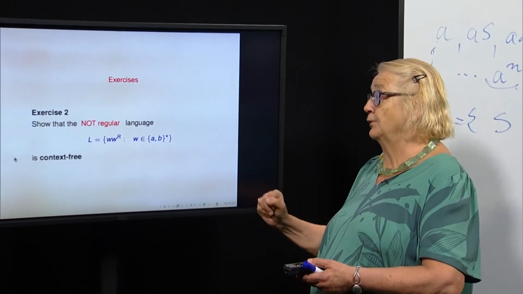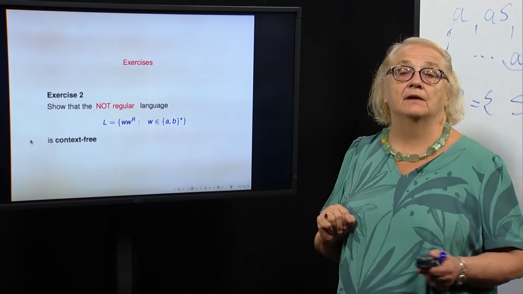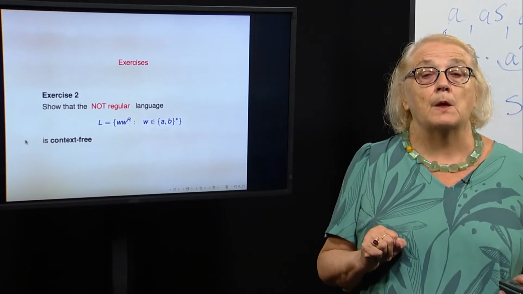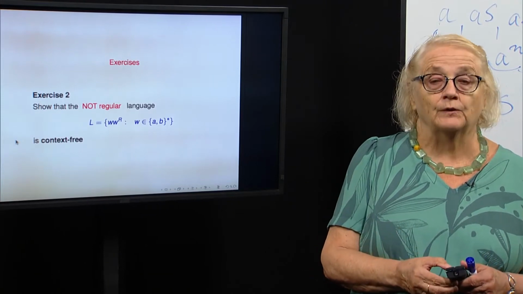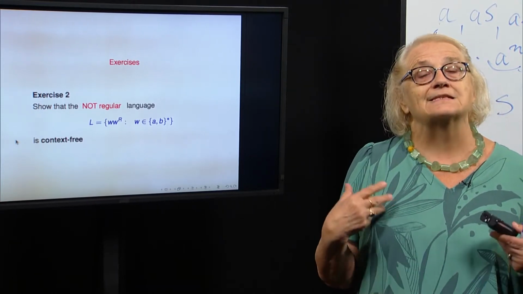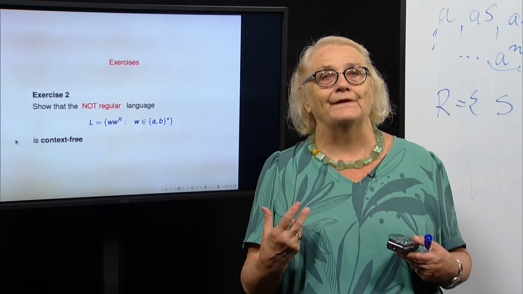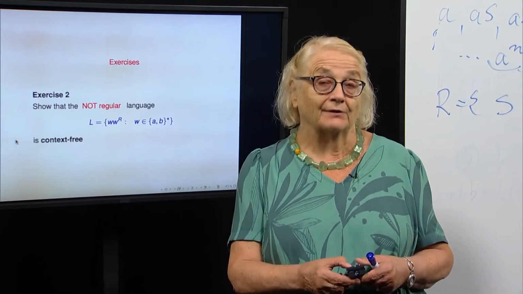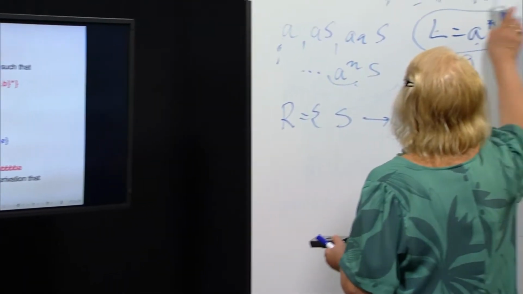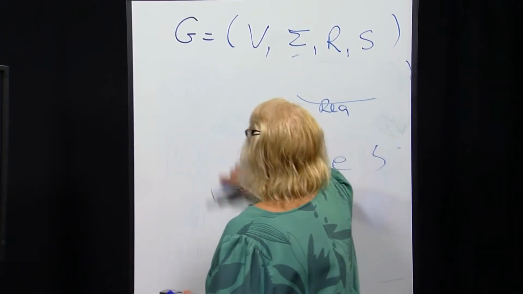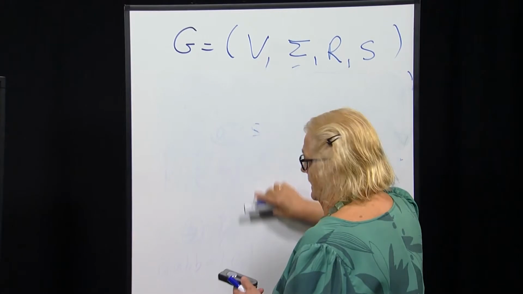So, for example, another beautiful non-regular language is W W reverse. Let's show that it is context-free. What does it mean to prove that the language is context-free? It means you have to define the grammar. So again, now we have a beautiful grammar, and now we are speeding up.